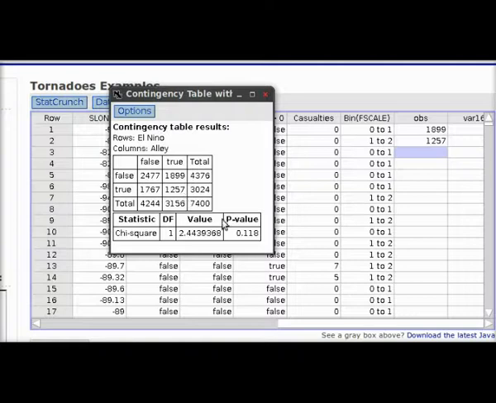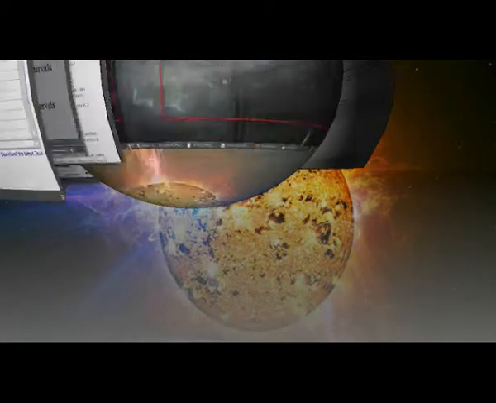And now I need to get my expected counts. And I should see 4/9 in the El Nino years, and 5/9 in non-El Nino years, because that's my representative samples for those years themselves.